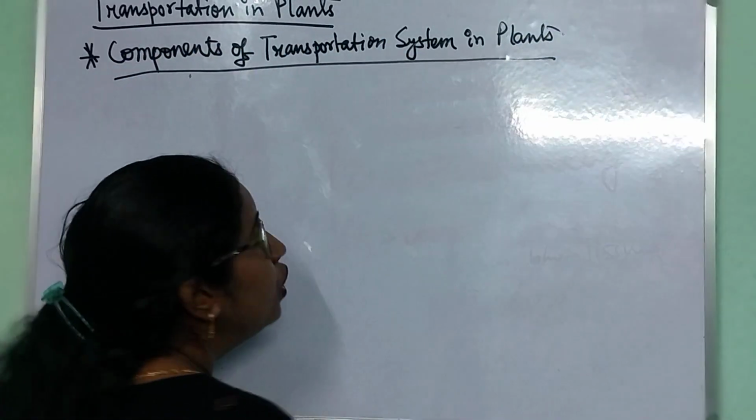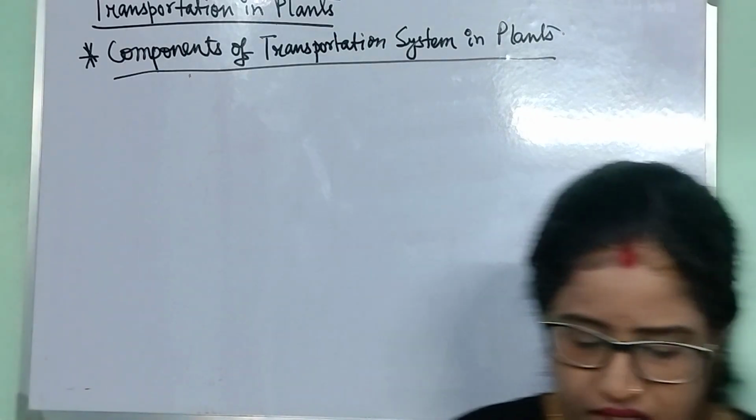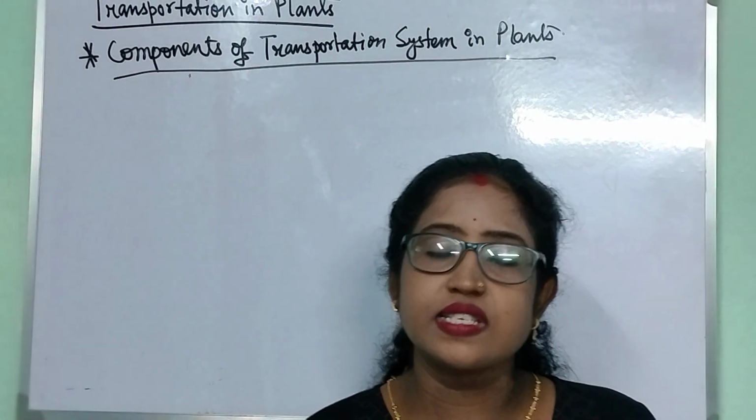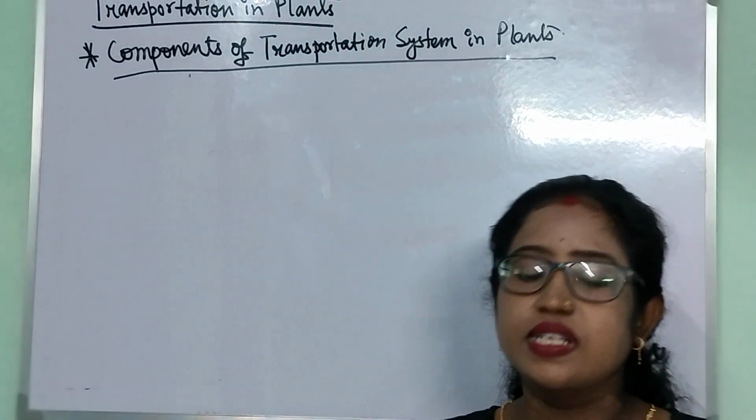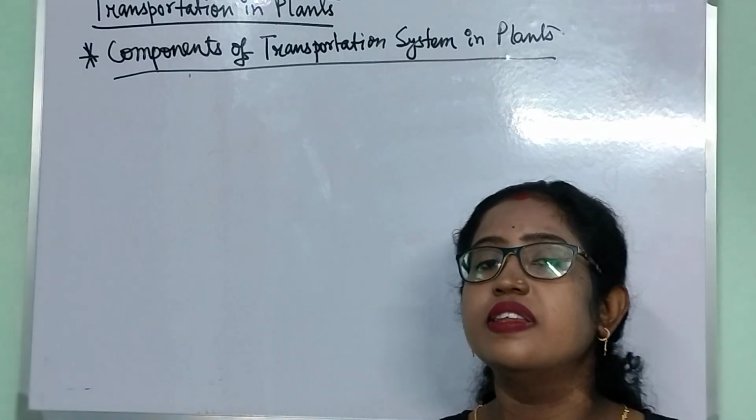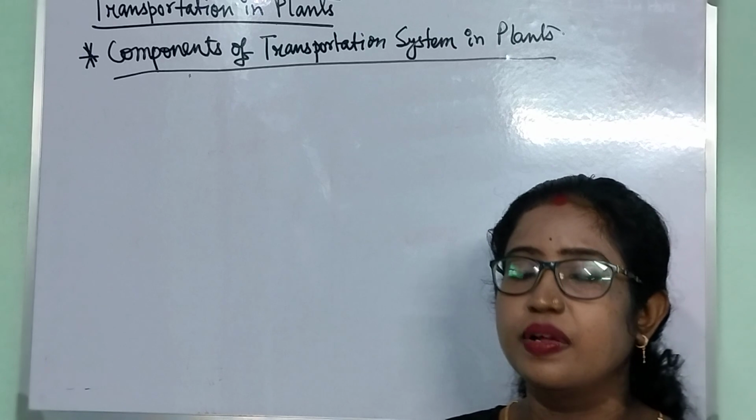There are two types of transportation systems present in plants. The first one is the xylem system and the second one is the phloem system.